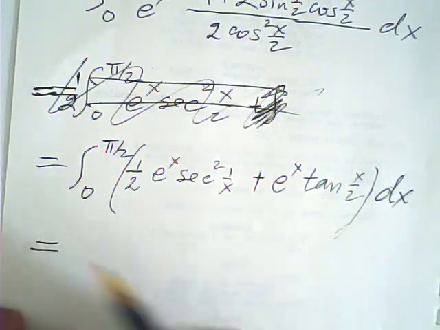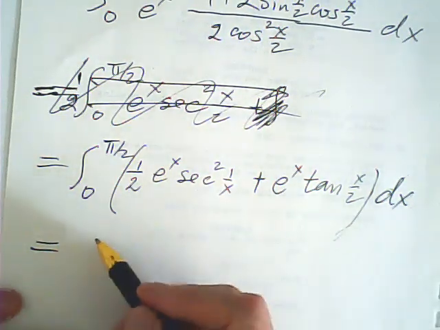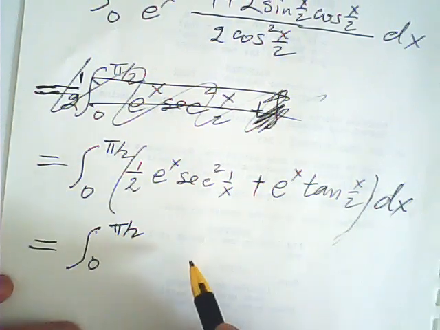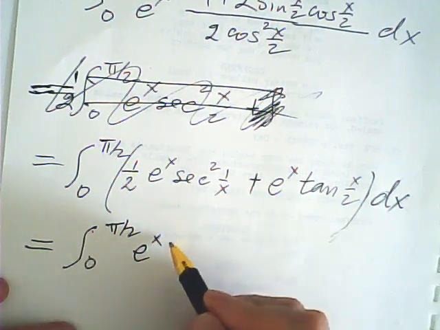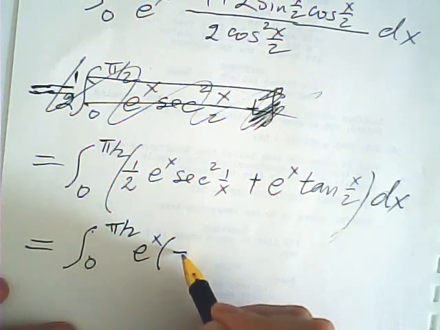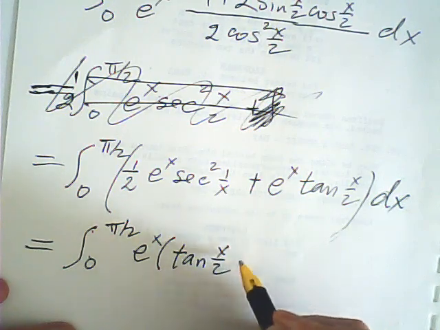Okay, and then this one is equal to e^x times half tangent half x derivative.